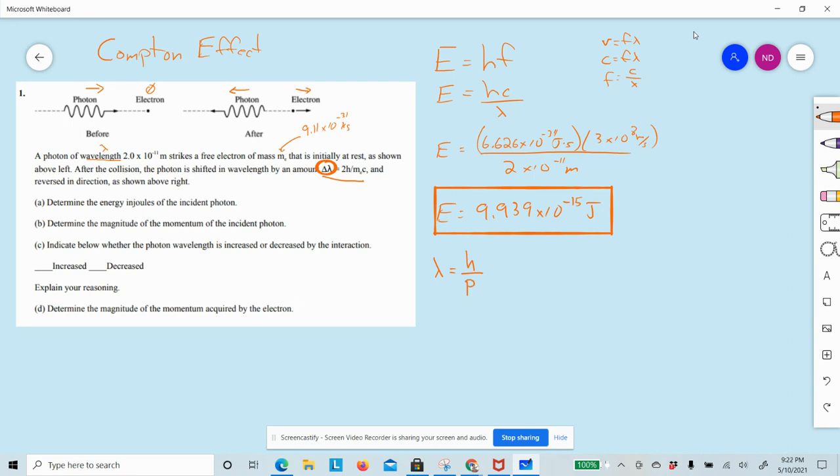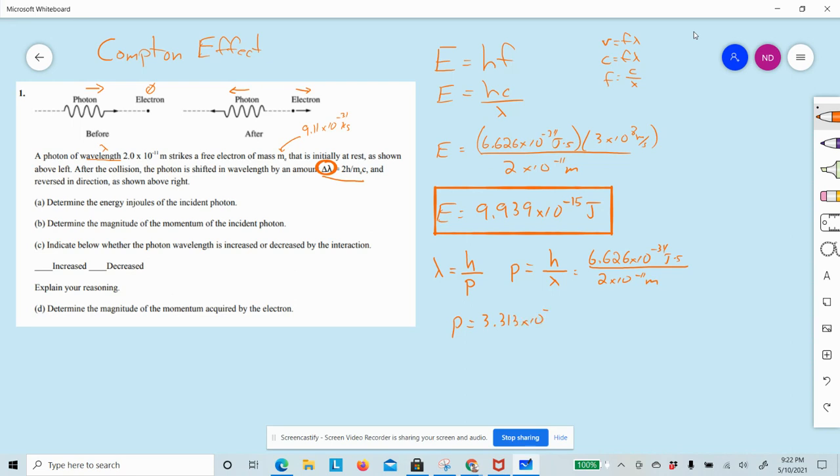Determine the magnitude of momentum, or you can rewrite this as momentum equals h over wavelength. So basically it's 6.626 × 10⁻³⁴ joule-seconds divided by the wavelength. The wavelength of the incident light was 2 × 10⁻¹¹ meters. You do that math.